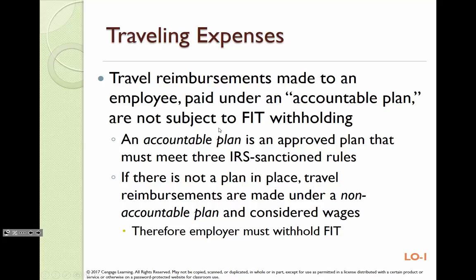If I give you a couple grand to go travel and you bring me back $1,800 worth of receipts, I've got to have a time frame within which you give me the receipts. I've got to get my $200 back. I've got to reconcile it all. You see what I mean? So the Internal Revenue Code doesn't want me to be able to write off a lot for travel expenses if we don't have a tight process to make sure that it was actually incurred on behalf of traveling for my company. That's what an accountable plan is.